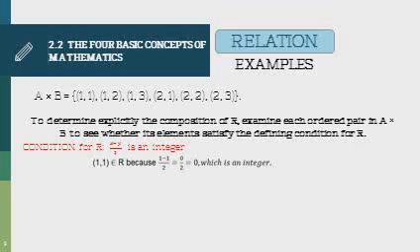So dun sa una, ang ating element is (1,1). I-substitute nyo lang yung value ng x and y doon sa condition which is (x minus y) over 2, and try natin i-determine if that answer is an integer.